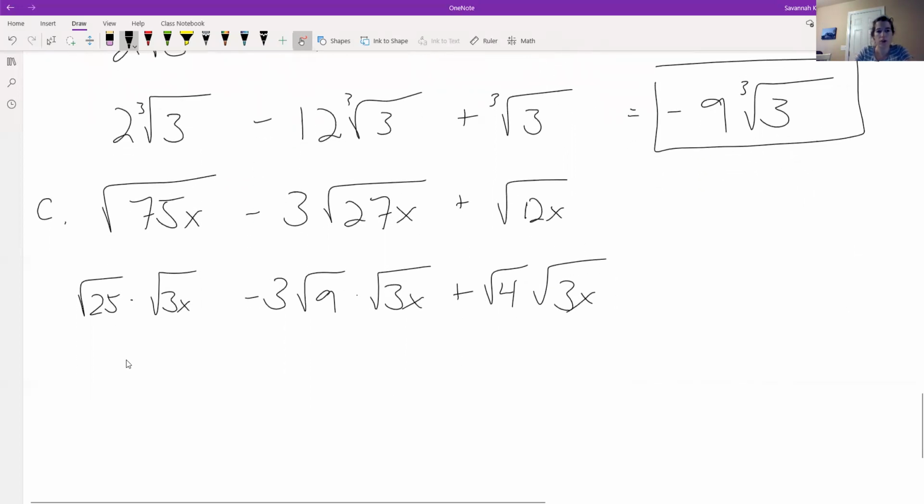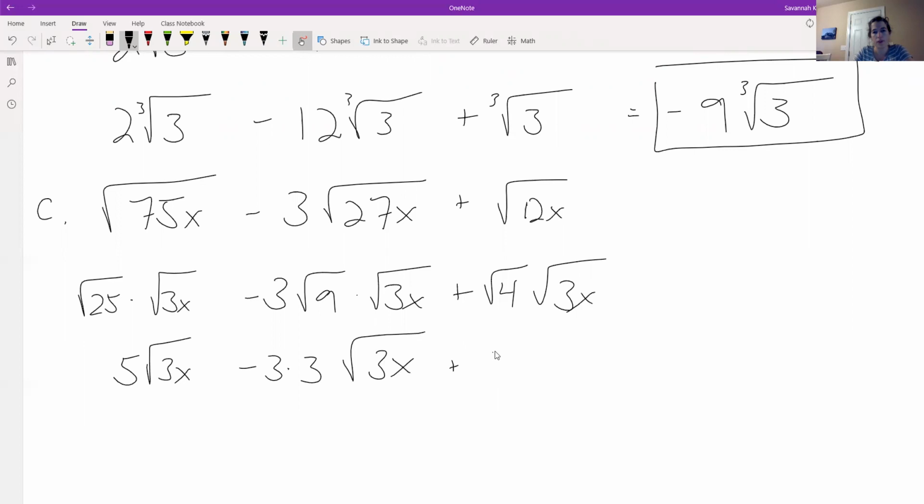All right, so the square root of 25 is 5. Got an extra 3 here when I square root that 9. Okay. And everything wraps up pretty smoothly from here on out.